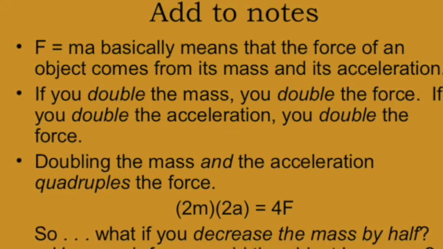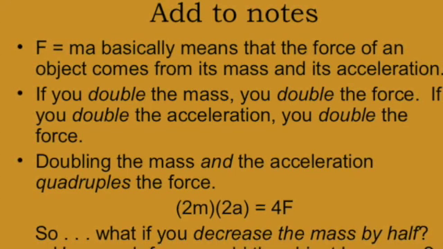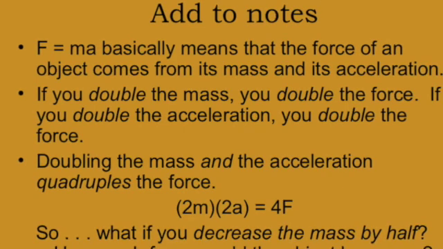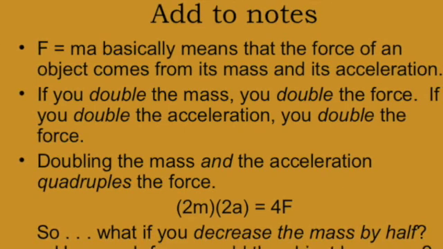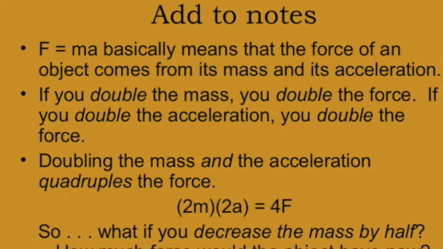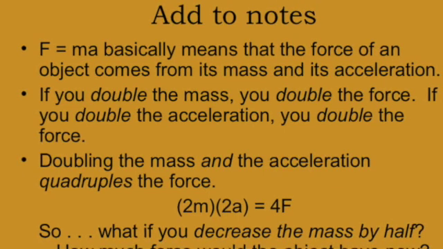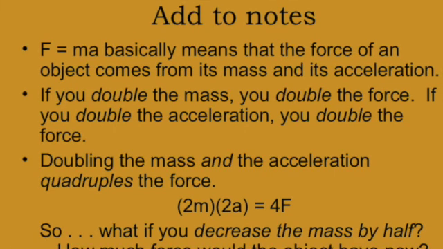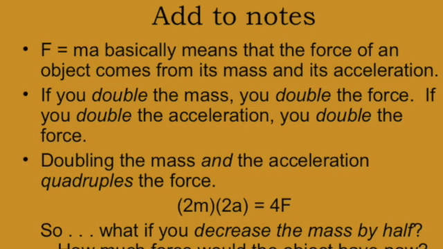So it's 4 times more force. We just plug that in. 2 times mass, because we doubled the mass, 2 times acceleration, because we doubled the acceleration, equals 4F. We quadrupled the force. So, what if you decrease the mass by half?